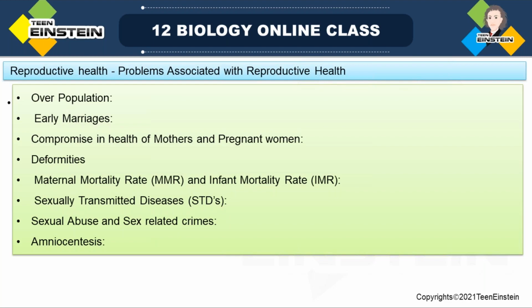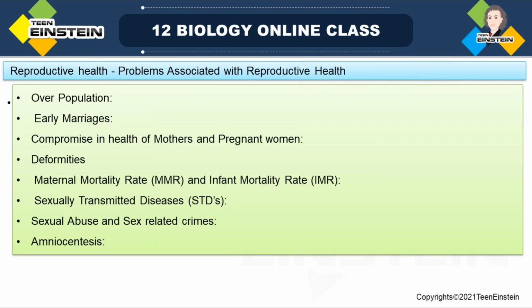What do you mean by deformities? Deformities means, as I told, with these early marriages, the body of a woman at that age won't be fit to carry or accept pregnancies, and the uterus and all won't be strong enough to carry a baby. So the health of a baby depends upon the fitness of the mother also, right?